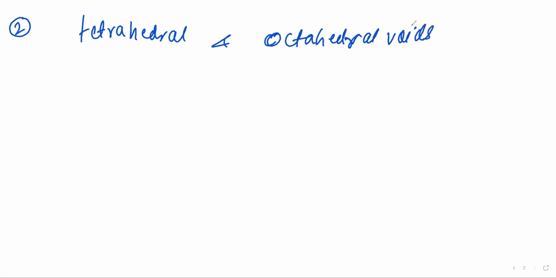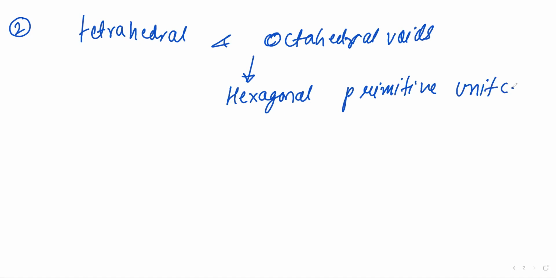There are 2 types of voids forming in a hexagonal primitive unit cell. So in the hexagonal primitive unit cell, you have to find the tetrahedral and octahedral voids, asked again in 2021. So see the answer for this one.